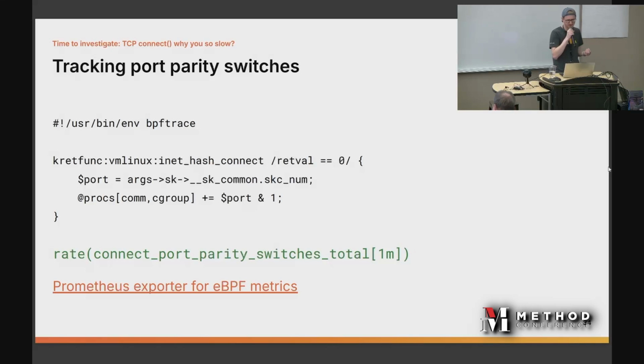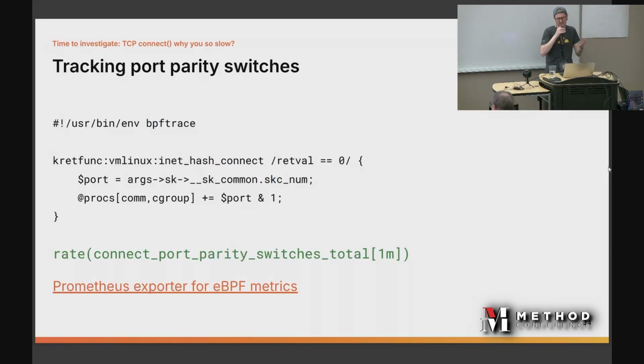So I offered another BPF trace script here, which hooks into the inet hash connect function at the point it returns. When it returns, if it's 0, that means it's successful. This is going to execute, and then you can grab the actual port that was eventually picked. Then I created a little histogram that will show you the counts for each binary under their respective cgroup, and how many times that binary has gone over the port limit, the halfway point.